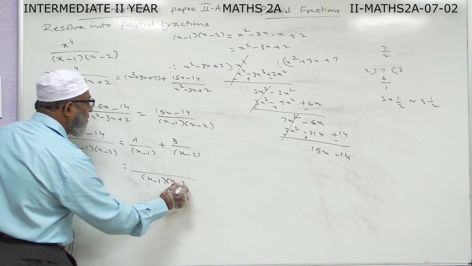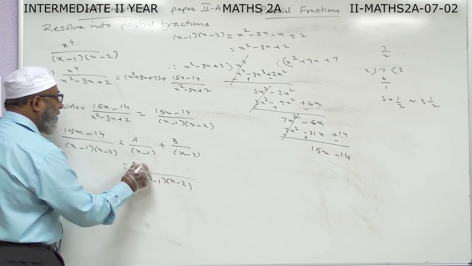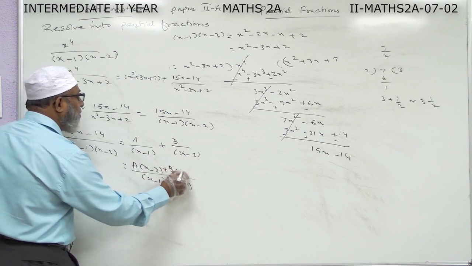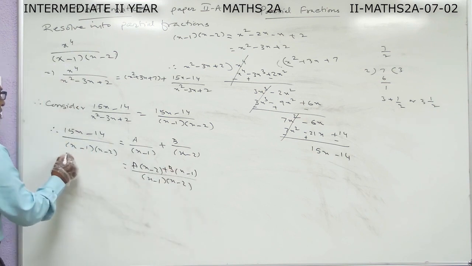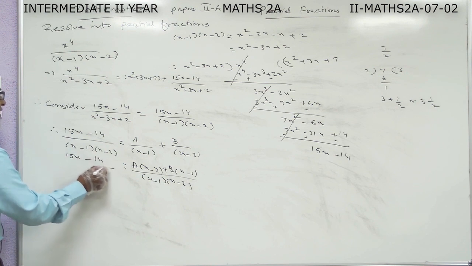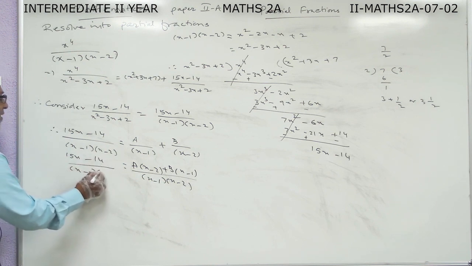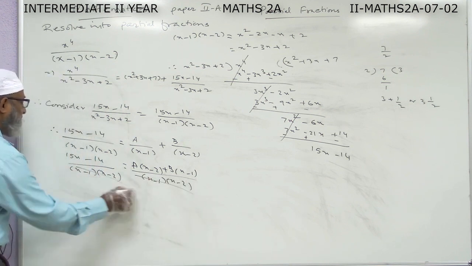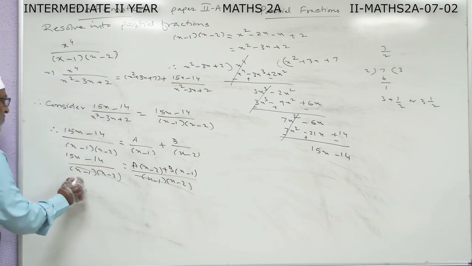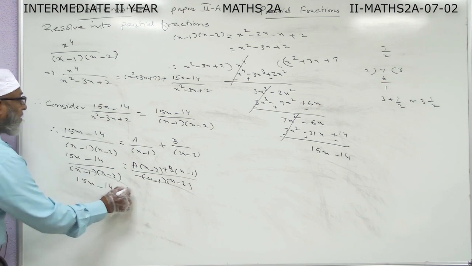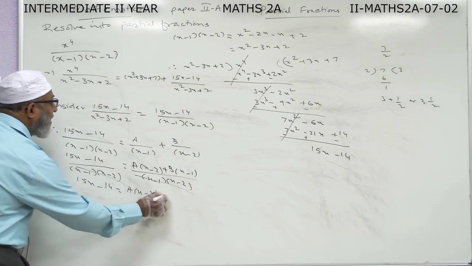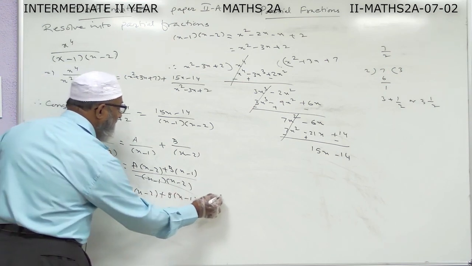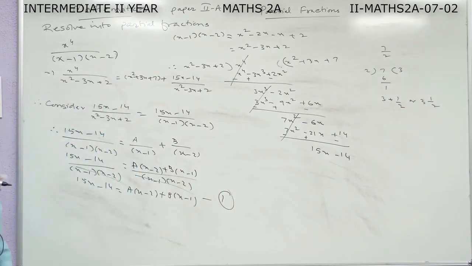The denominator is (x minus 1) into (x minus 2), and the numerator becomes a into (x minus 2) plus b into (x minus 1). On the left hand side, I am having (15x minus 14) by (x minus 1) into (x minus 2). From both sides, this will be cancelled. What remains? 15x minus 14 is equal to a into (x minus 2) plus b into (x minus 1). I name this equation as equation 1.